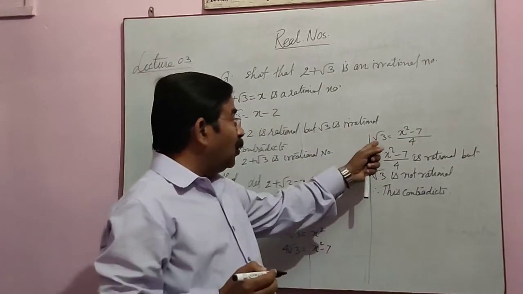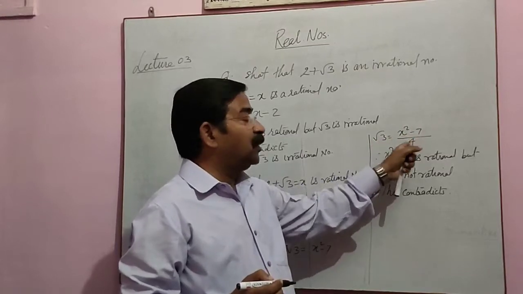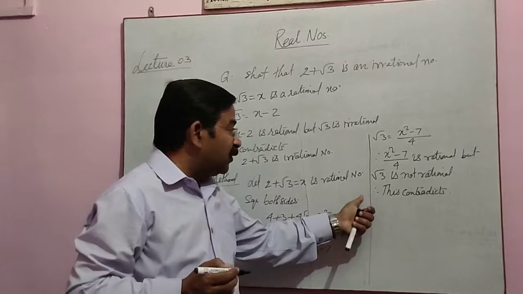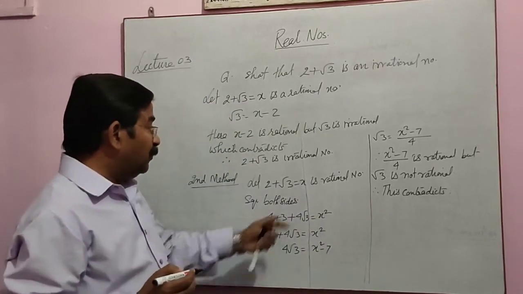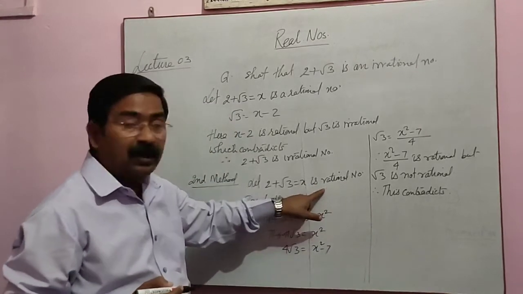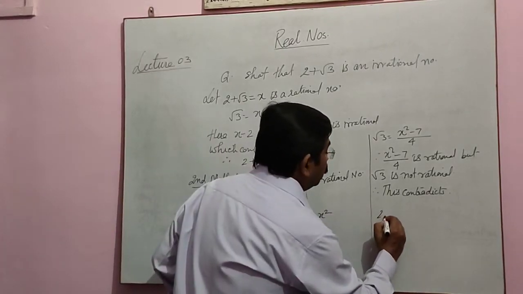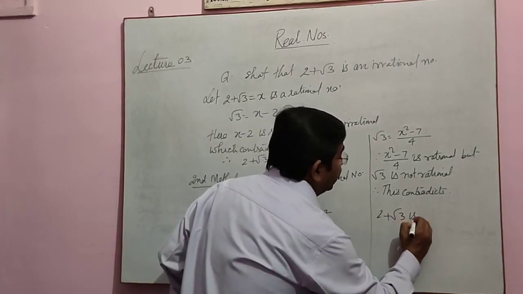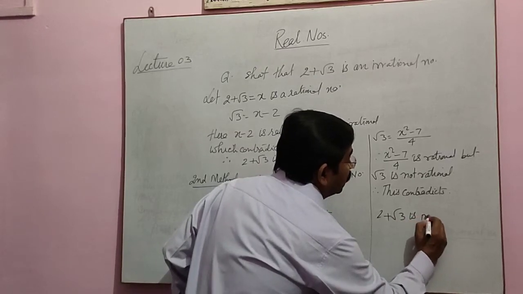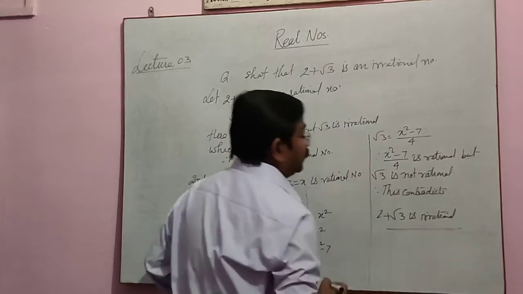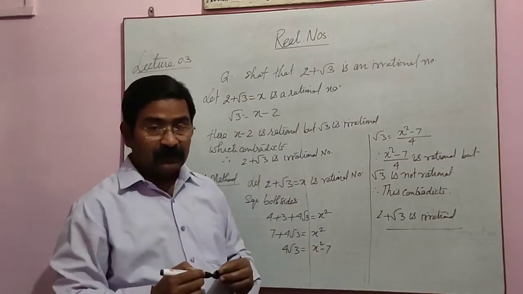The value of any irrational number is never equal to a rational. So if our statement is contradicted, it means we have assumed that this is a rational number, and now it is opposed. What can we say? 2 plus under root 3 is irrational. This is how we can prove this.